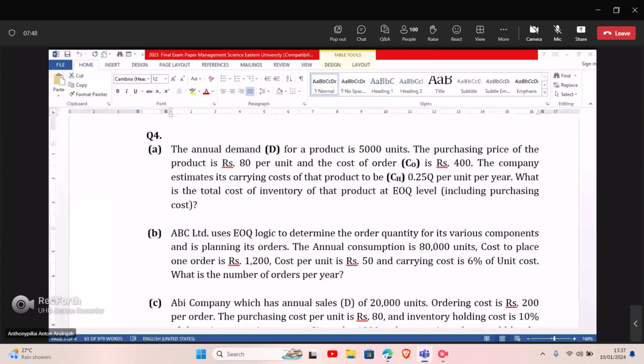Now if you go for differentiation, this becomes this, and this becomes 0.25. Multiply the 2 into 0.125, this becomes 0.25.